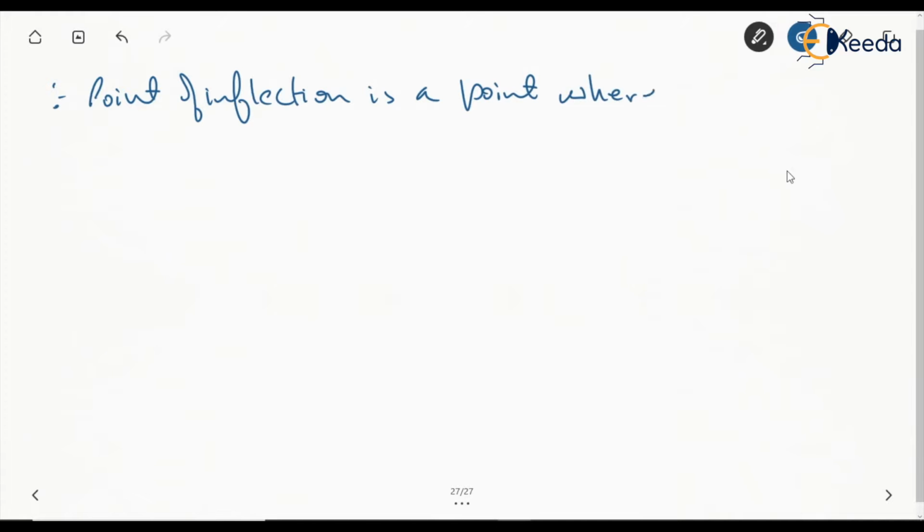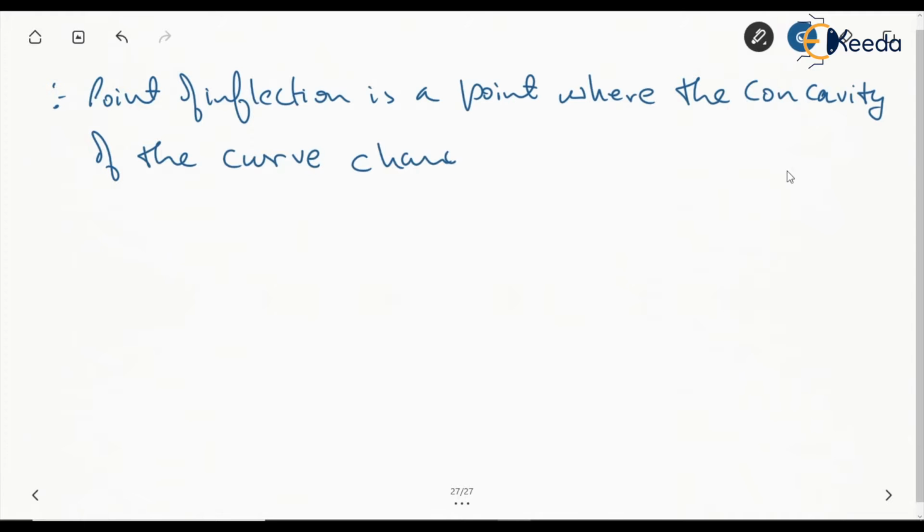Otherwise, graphically and also in the strict manner, this point of inflection is a point where the concavity of the curve changes. The concavity of the curve changes.